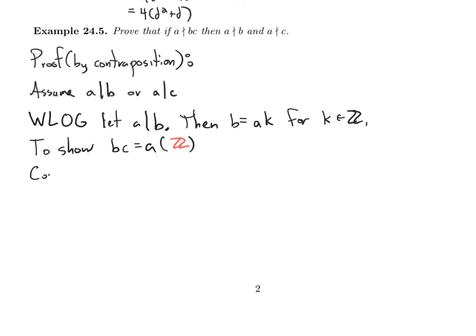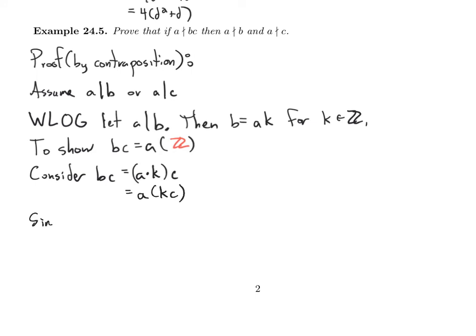All right, let's consider B times C. Well, we know B equals A times K, times C. And remember, what did I do here? I just knew that we said that B equals A times K by assumption, so I substituted A times K in place of B. And we just have three numbers multiplied together, so let's use the idea of associativity and just bracket things the other way: A times K times C. And look at this.